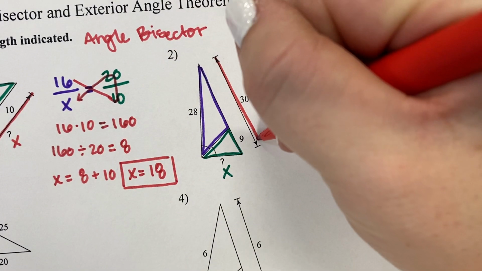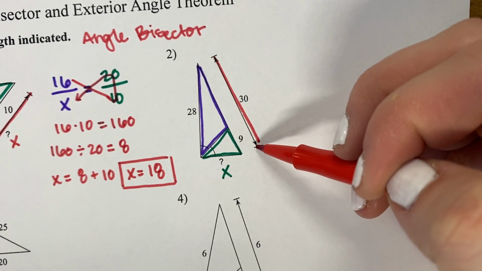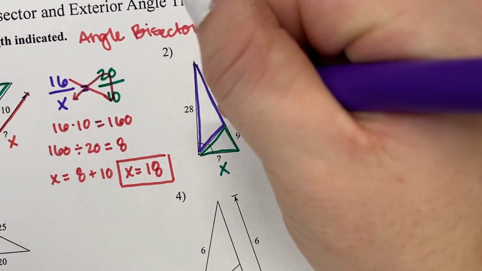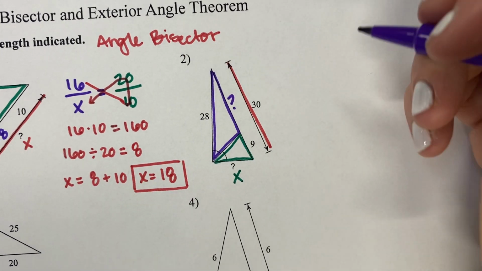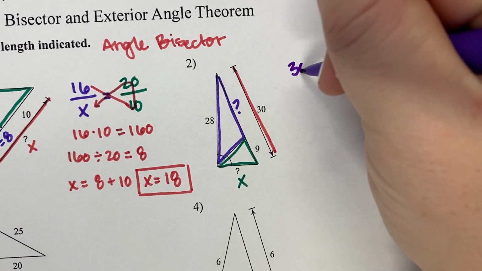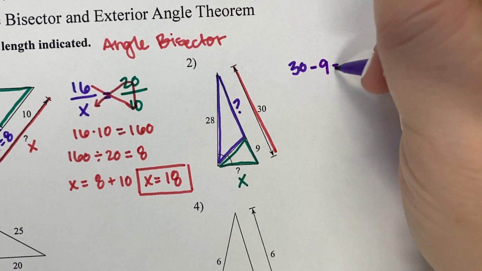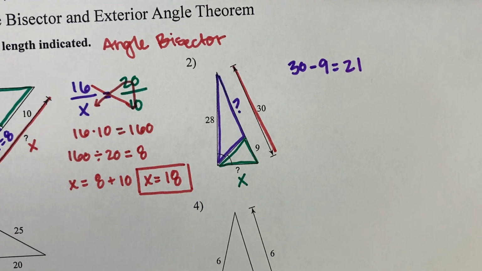So we have 30 and 9, but 30 is the entire length, 9 is just the piece of the green triangle. In order to find the missing side, so we'll just call him question mark for my purple triangle, what we can actually do is take 30, the whole piece, subtract the 9, the green piece, and that'll give us my purple piece. So we know that that guy is 21.